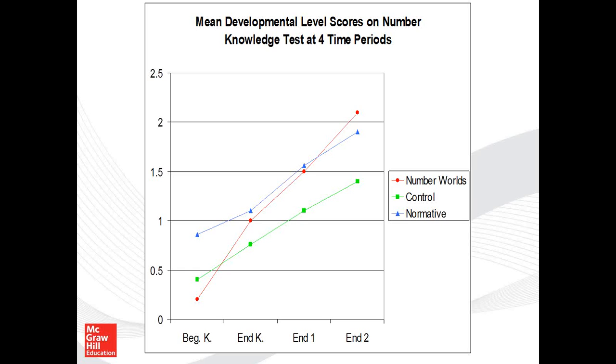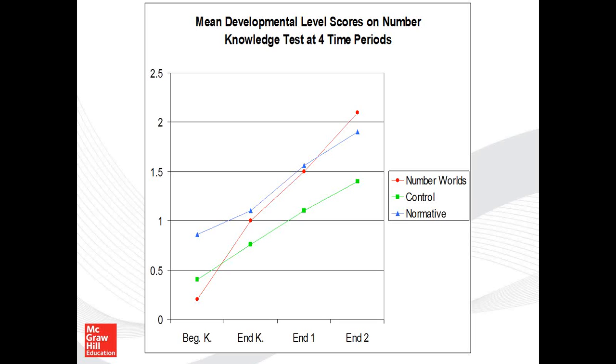So my conclusion from this study, and many other studies I've done with this same test with different populations, is that the Number Worlds program does a very good job teaching conceptual knowledge of number to at-risk students.